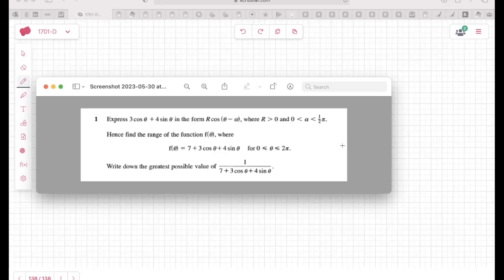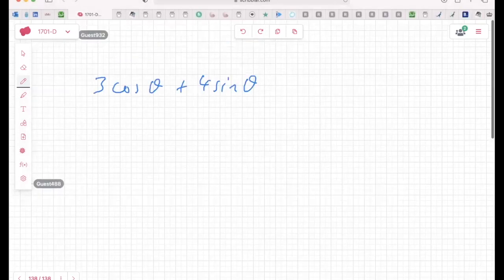So we're going to write 3 cos theta plus 4 sine theta. So notice this time it's theta. So it could be theta or x. We want it in the form r cos theta minus alpha.